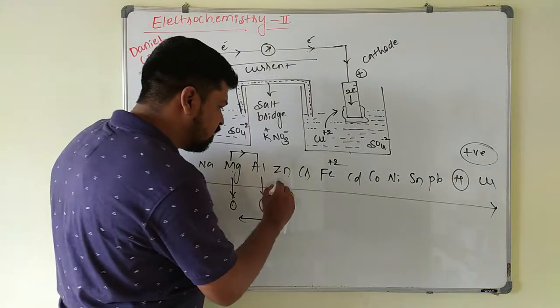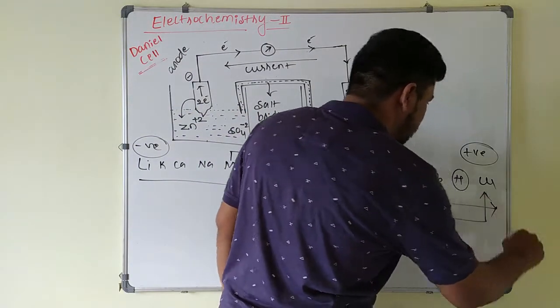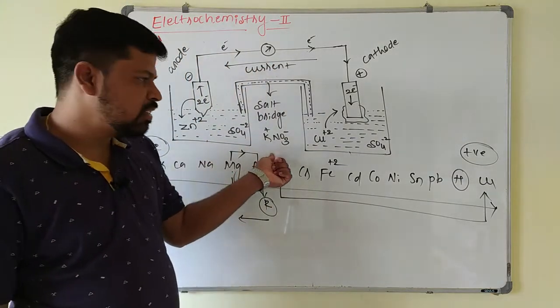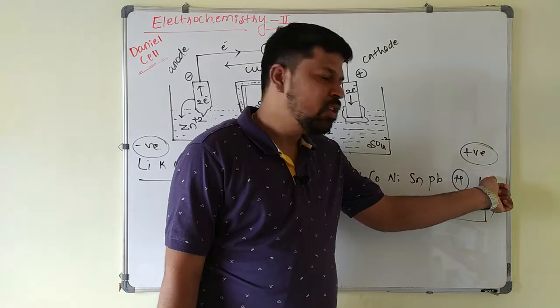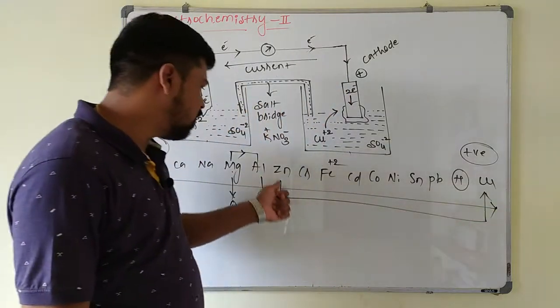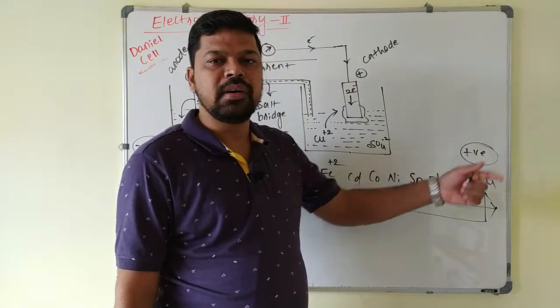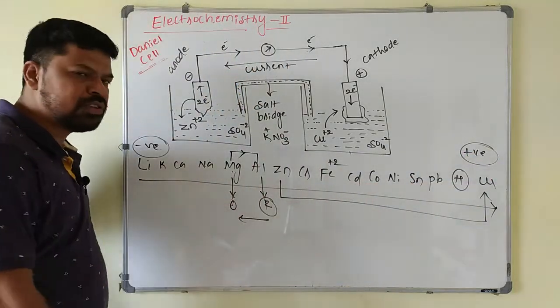Suppose you take zinc and copper, as we have already discussed. Zinc is on the left hand side in the electrochemical series, and copper is on the right hand side, so copper will undergo reduction and zinc will undergo oxidation. So the electrons will flow from zinc to copper, and current will flow in the opposite direction.